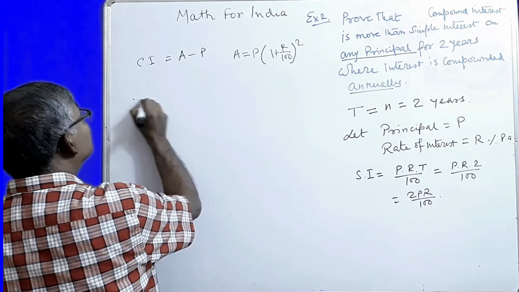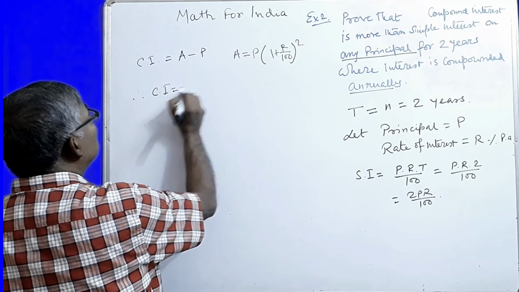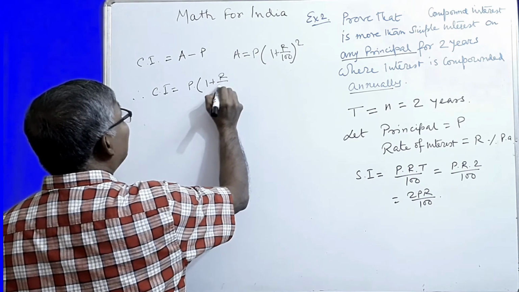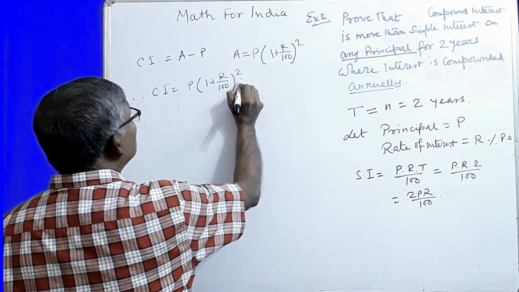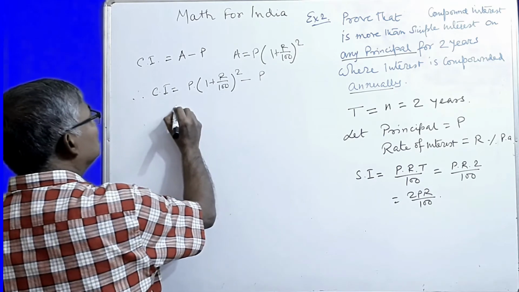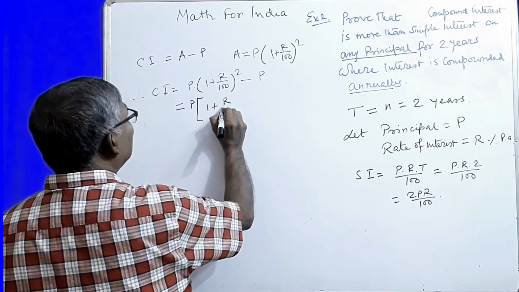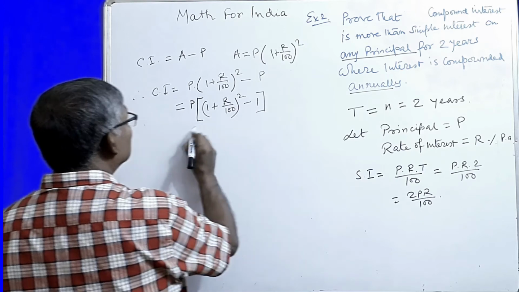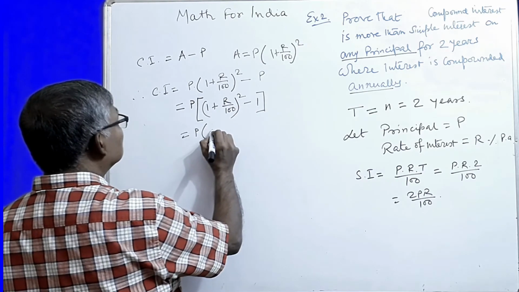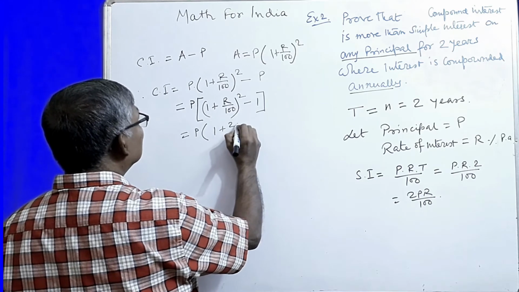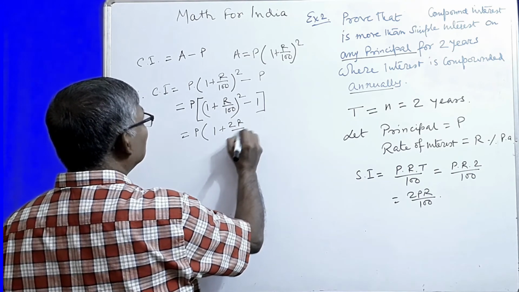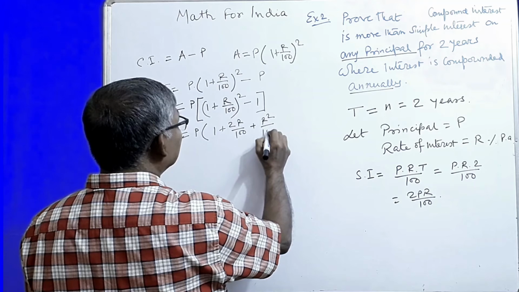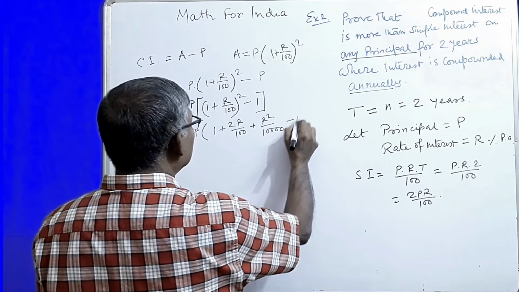Therefore, CI equal to P into 1 plus R by 100 whole to the power 2 minus P. Here we take P common, 1 plus R by 100 whole square minus 1, that is P into 1 plus 2R by 100 plus R square by 10,000 minus 1.